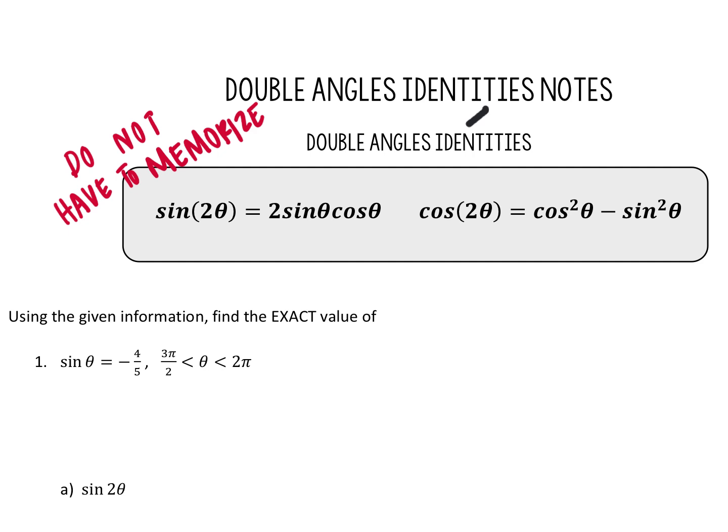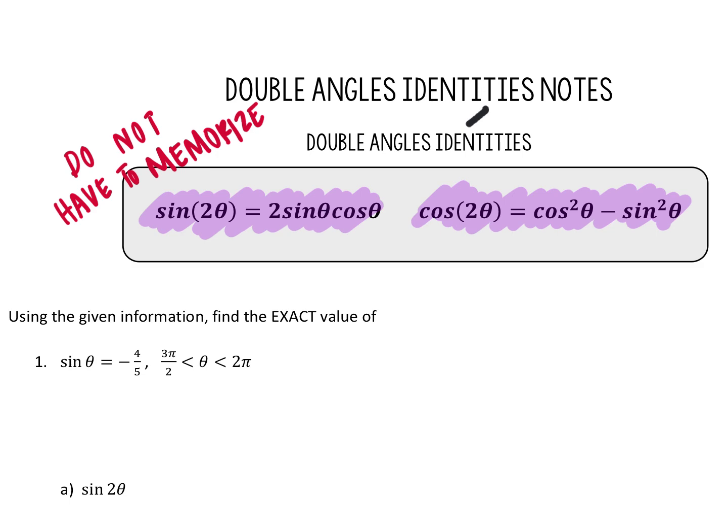You'll use this lovely formula here. You'll take 2 and multiply it by the sine of theta, and then by the cosine of theta. And then if you want to find the cosine of 2 theta, you cannot just take the cosine of theta and multiply it by 2. You have to do cosine squared minus sine squared. So those are the 2 formulas we're going to practice using today.